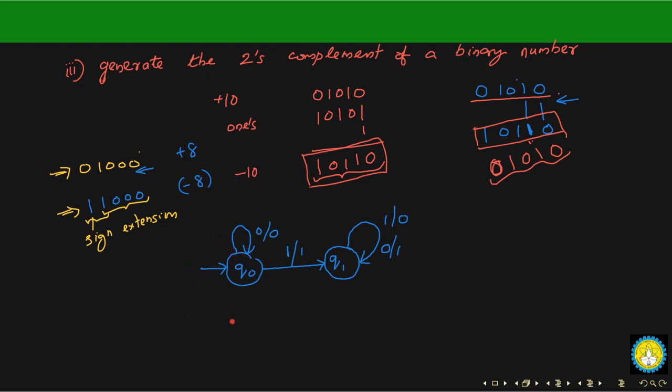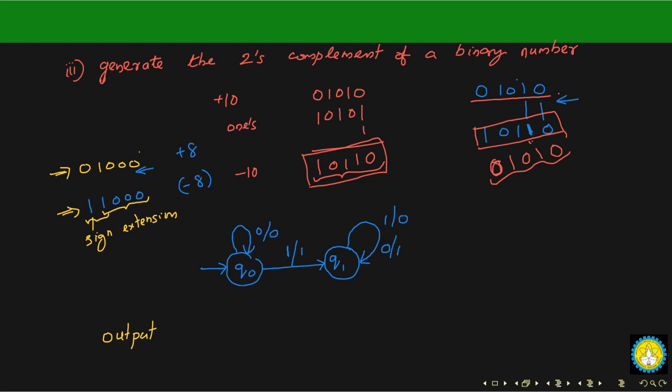So I'm going to write the outputs here. As I said, we are going to feed the input in the reverse way. So we are going to feed this 0 first. If you are feeding a 0, your output is going to be 0.